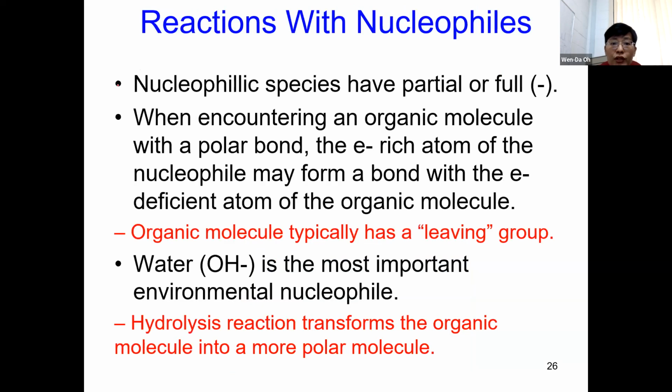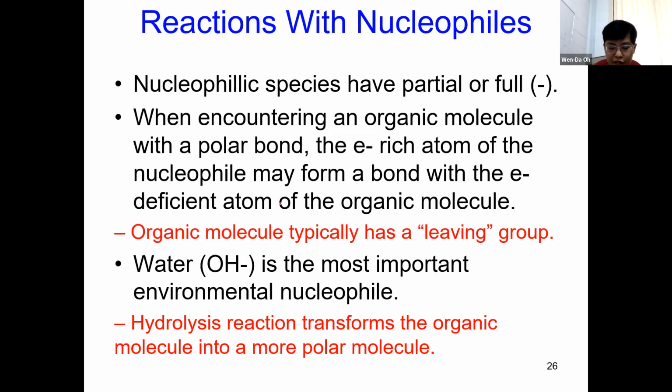Nucleophiles have partial or full negatively charged species, and usually when they encounter organic molecules with a polar bond, the electron-rich atom of the nucleophile may form a bond with the electron-depleted atom of the organic molecule. So the negatively charged species will attack the positively charged species.